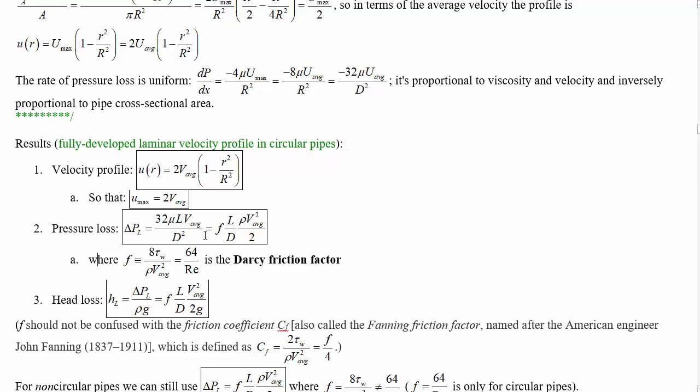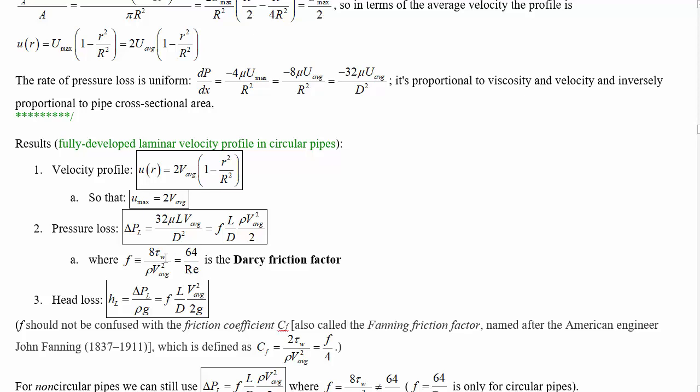So this friction factor's real, always applicable definition is 8 times the shear stress at the walls divided by rho average velocity squared. This is called the Darcy friction factor, and for fully developed laminar flow in a circular pipe, it happens to be 64 divided by the Reynolds number.